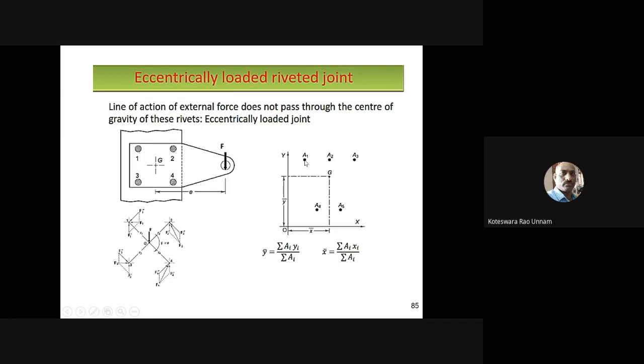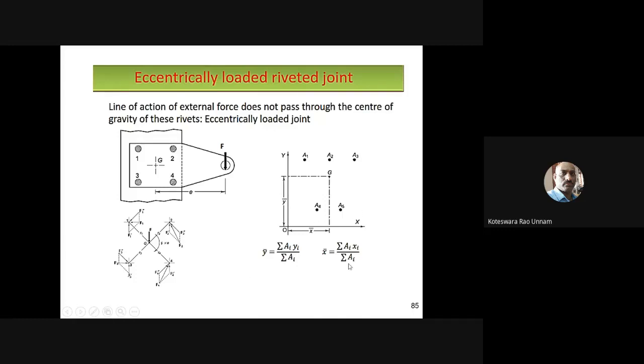But here, since we are using a rivet system, we'll assume that all the rivets have the same cross-sectional area, meaning the diameter of all the rivets is the same. If that is the case, then A1 equal to A2 equal to A3 equal to A4 equal to A5 equal to A only.